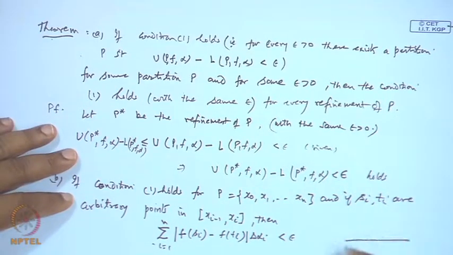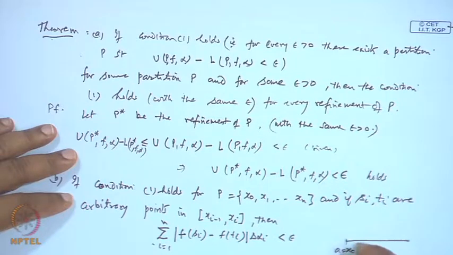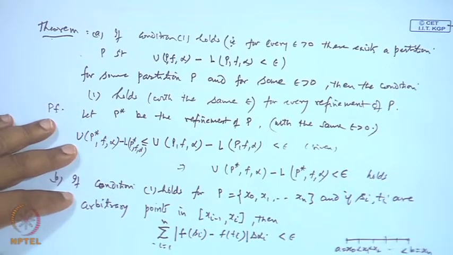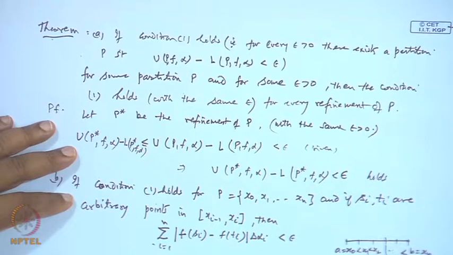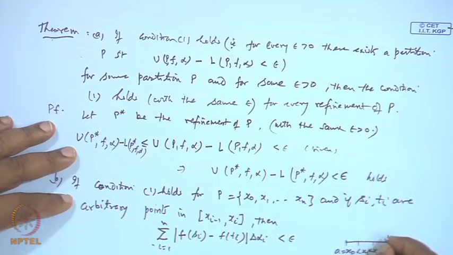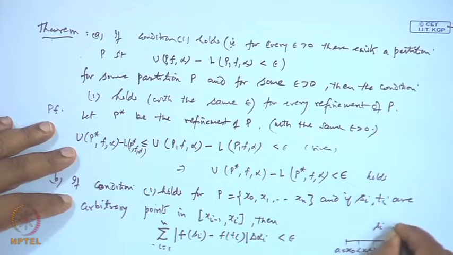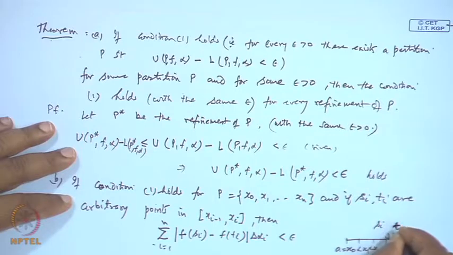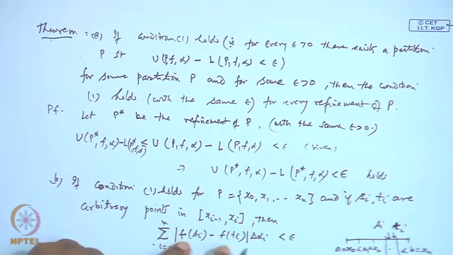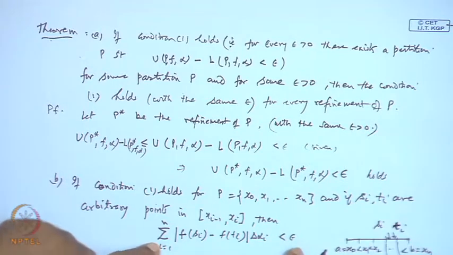So it means if this is the partition of the interval a b, and if this is the point x i minus 1, this is the point x i, and if we pick up the 2 points S i and T i in this subinterval x i minus 1 to x i, then the sigma of the functional value at S i minus at T i, multiplied by delta alpha i, is less than epsilon.